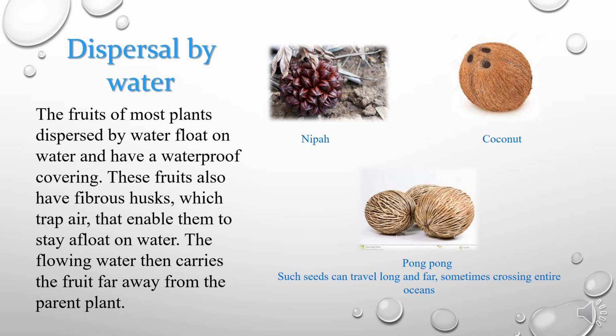Without it, they will just sink in the water. The flowing water then carries this fruit and takes it to its new location, away from the parent plant. And these seeds can sometimes cross entire oceans.